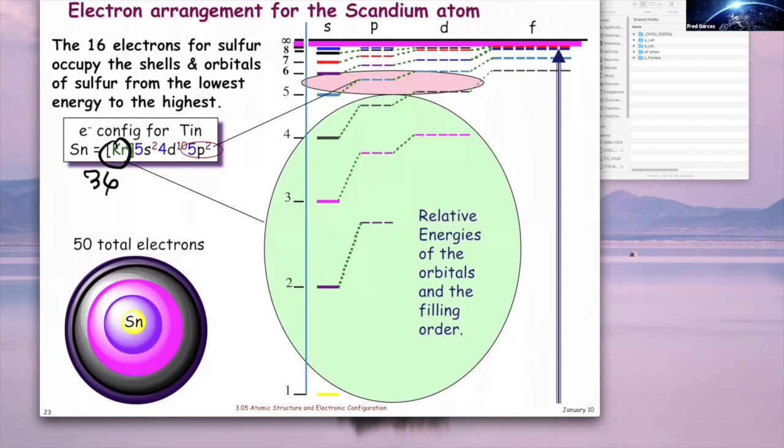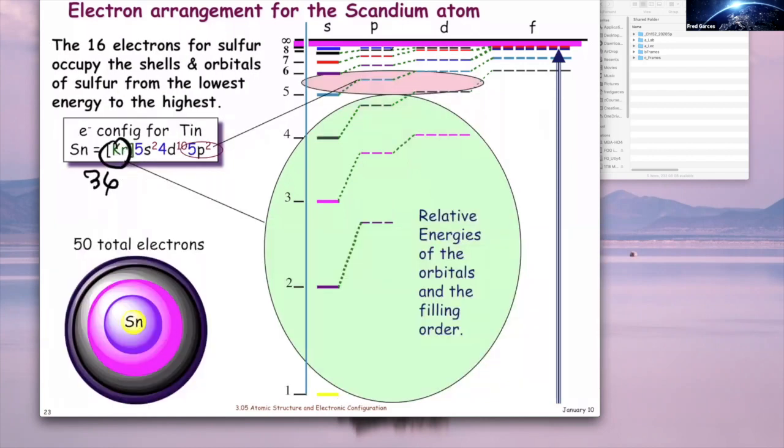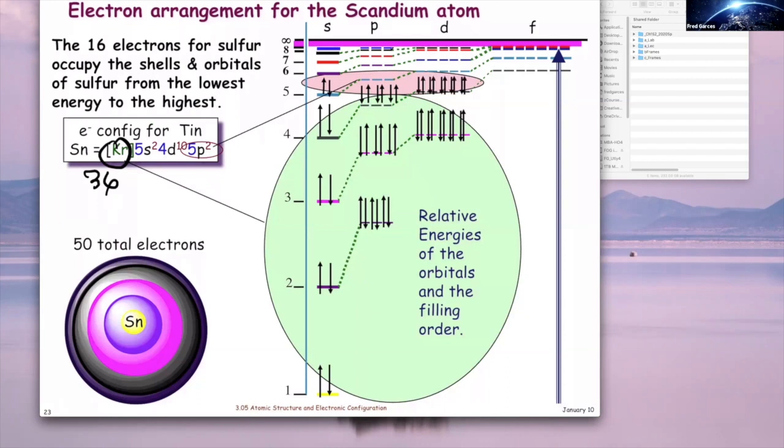Tin's electron configuration isn't shown here, but if we did this, this is the inner core krypton, and then we go to 5s2, 4d10, and then 5p2. So this is your 5s2, this is your 4d10, and this is your 5p2.